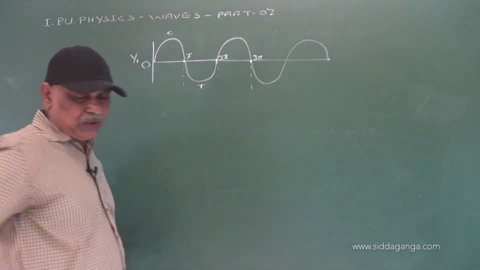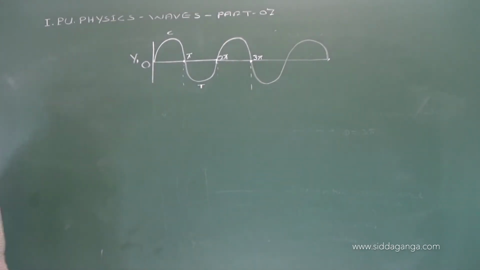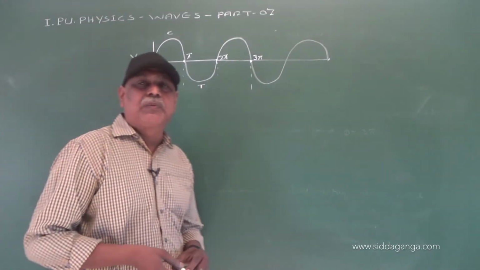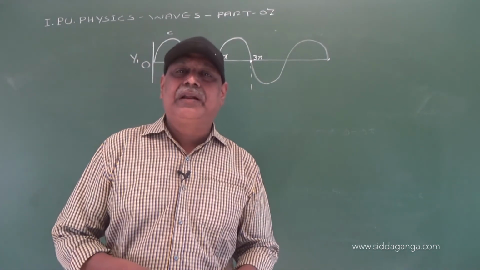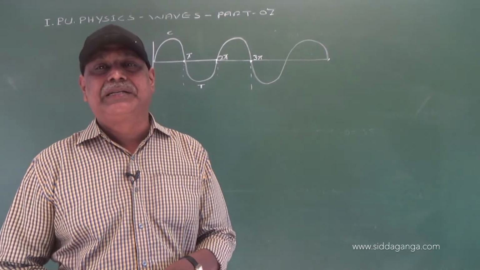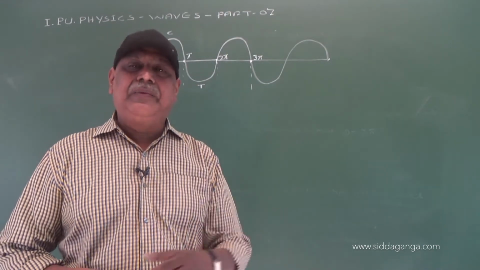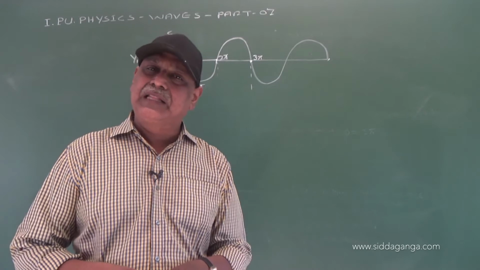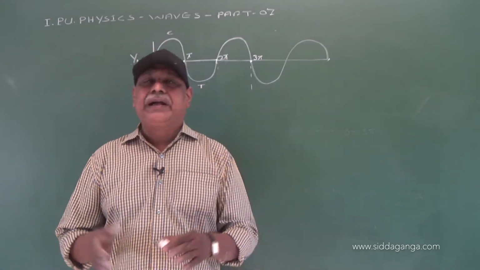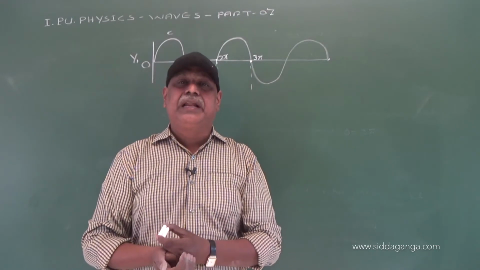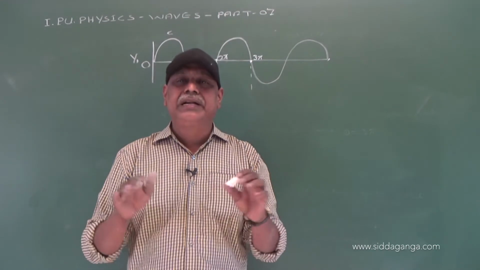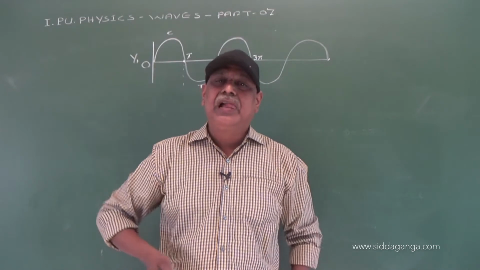So when two waves propagating through a medium are superposed on each other, constructive interference takes place at certain points and destructive interference takes place at certain other points. Therefore, at some points intensity or energy distribution increases, and at some points intensity or energy distribution decreases.